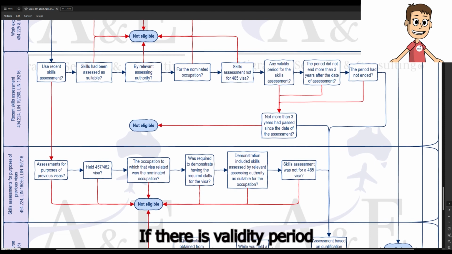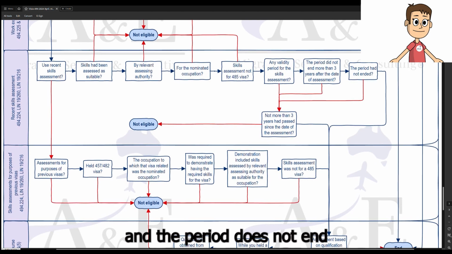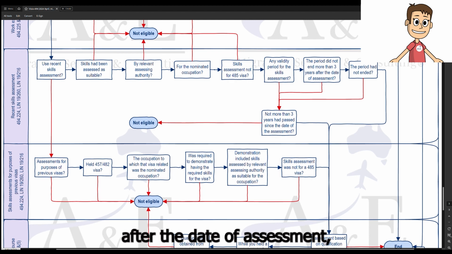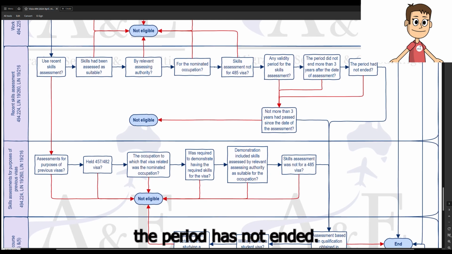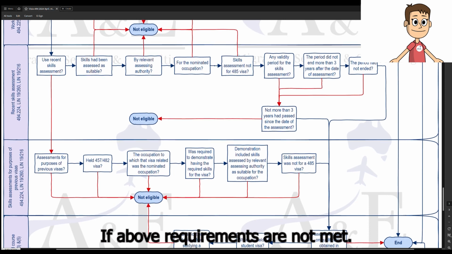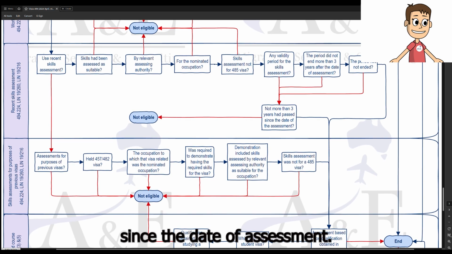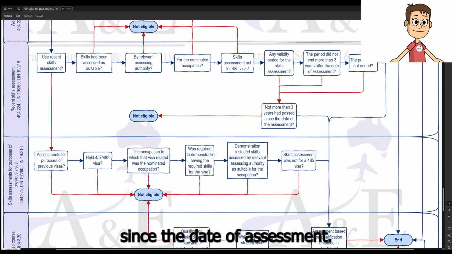If there is a validity period for your skills assessment and the period does not end more than 3 years after the date of assessment, the period has not ended. If above requirements are not met, not more than 3 years had passed since the date of assessment.